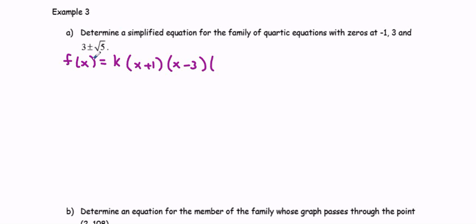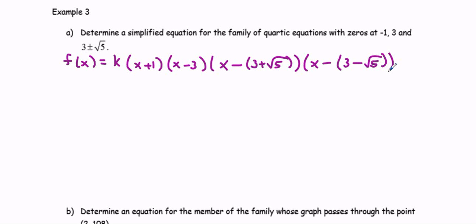And this is where this one, if we were to take this and put it in as a 0, it's going to be x, this is positive here, right? So it's going to be x minus, and we put this in bracket, 3 plus the square root of 5, close bracket, times x minus bracket 3 minus the square root of 5.